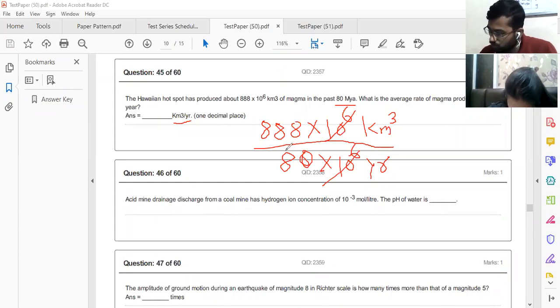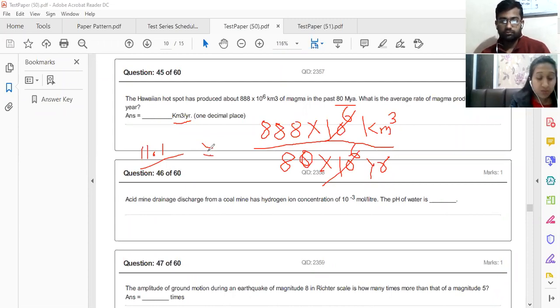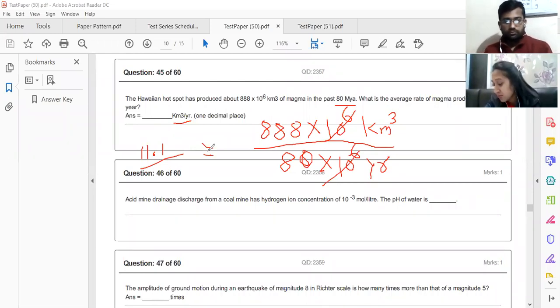If you solve this, you will get 11.1 kilometer cube per year. Clear?